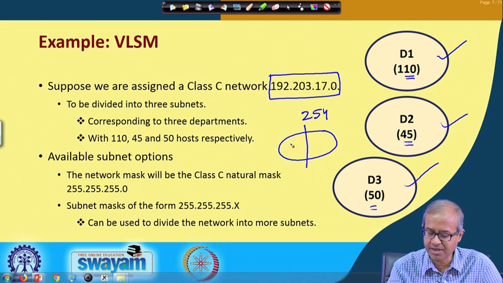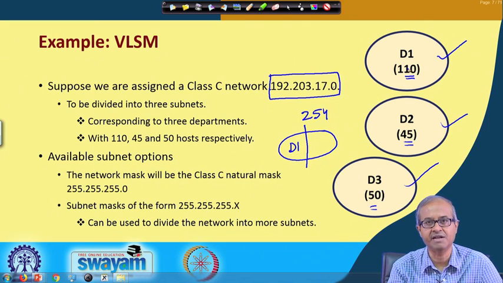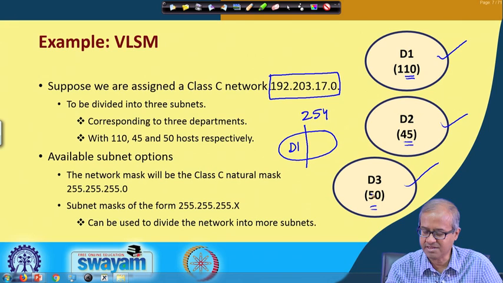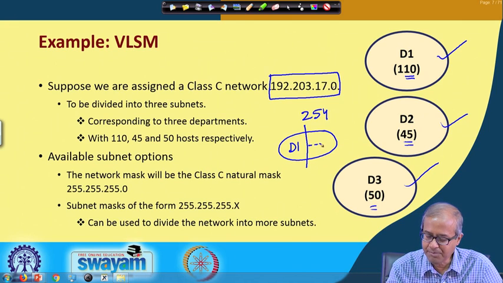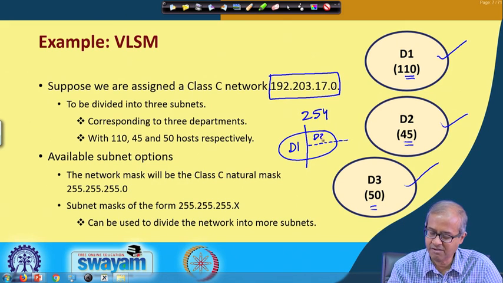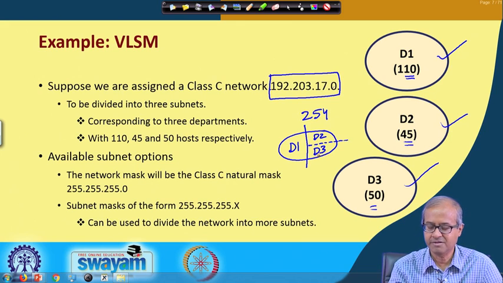In this you can accommodate D1, because it is 127 and D1 requires 110. But in the other part you again have 127, but you need D2 and D3. So, you can make the other part into half, and this is enough for 45 and 50. You can put D2 in one and D3 in the other. So, the idea is something like this.